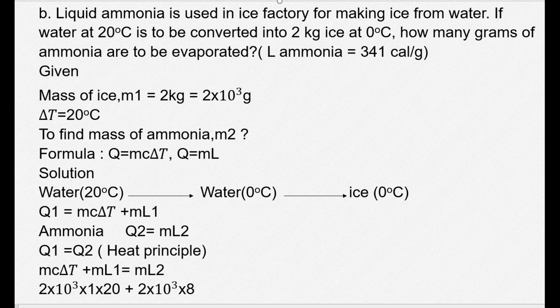The latent heat of water, I told you, you have to learn. Latent heat of water is 80. That is equal to M into L2. The mass of ammonia we wrote as M2, so M2 into L. The latent heat of ammonia is given in the question, 341. M2 into 341. From this we have to calculate M2.